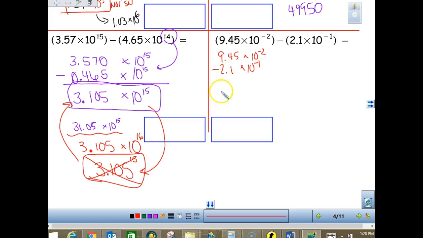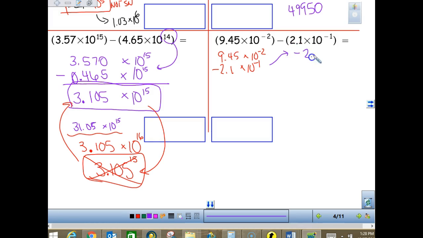But as we look at this, if we go with the smaller exponent, what's our smaller exponent of these two? What's smaller? Negative, or what's larger if we go big? Negative 1 is bigger, right? So, this is my bigger number. So, I am going to actually, and it's really tough when you have subtraction sometimes, but I'm going to put that first.